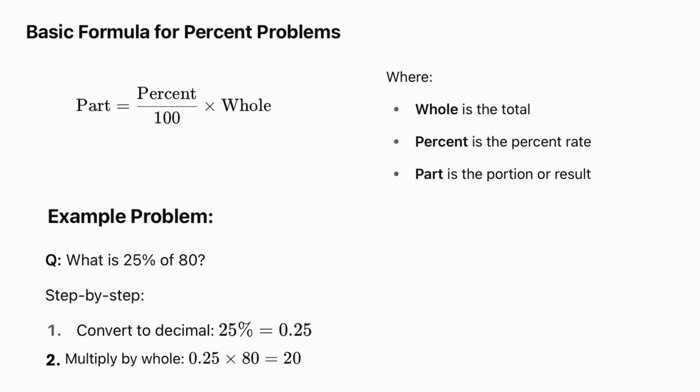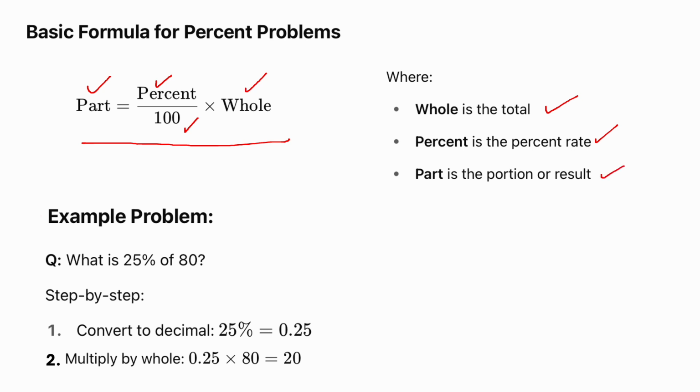Here is the basic formula which you will use to solve most of the percent problems. Part equals percent over 100 multiplied by whole. So what does that mean? Whole is the total amount you are working with. Percent is the percent rate you are given, and part is the portion or result you are trying to find.